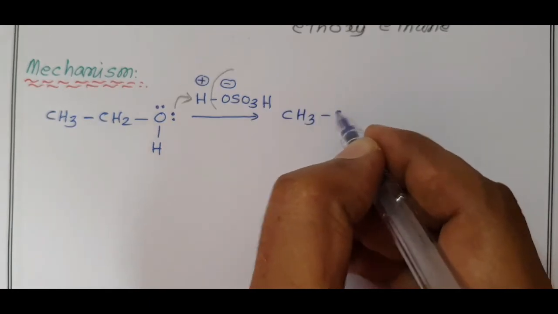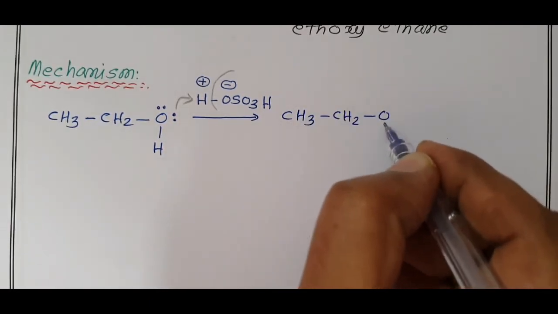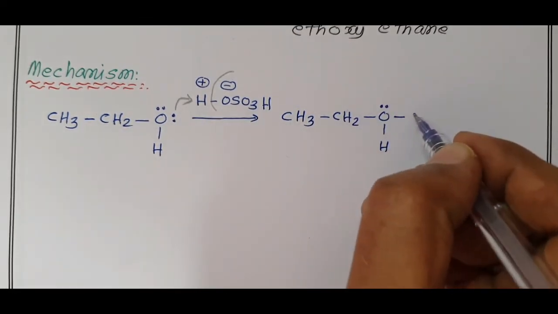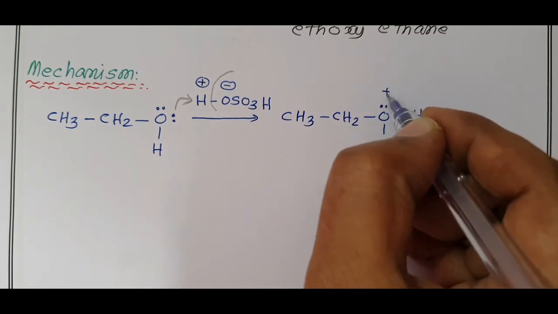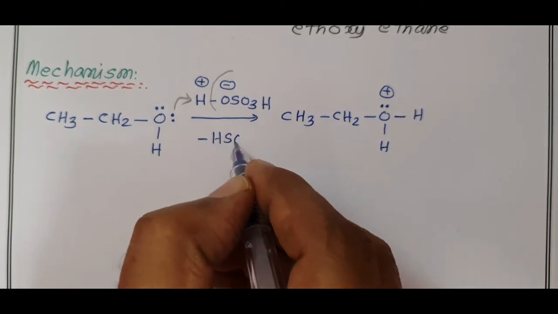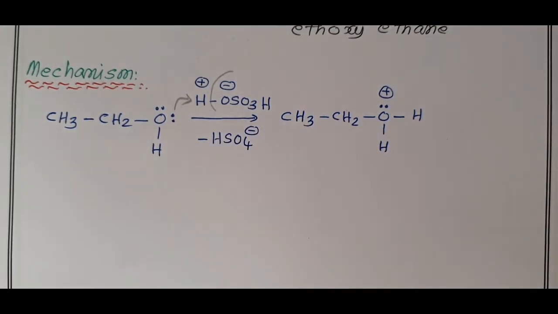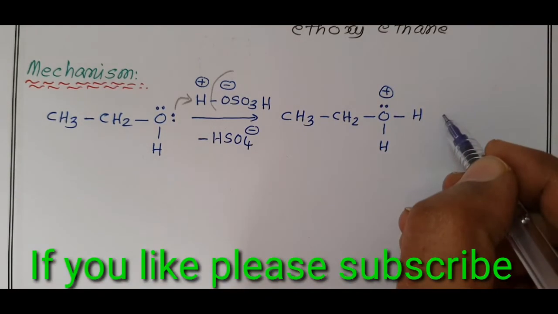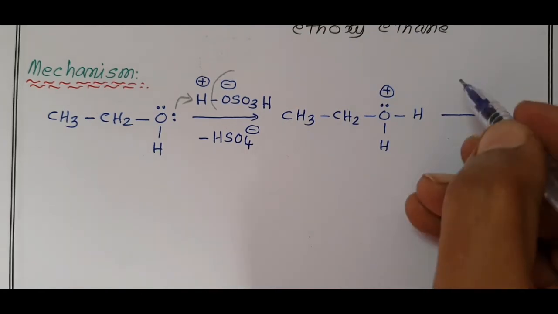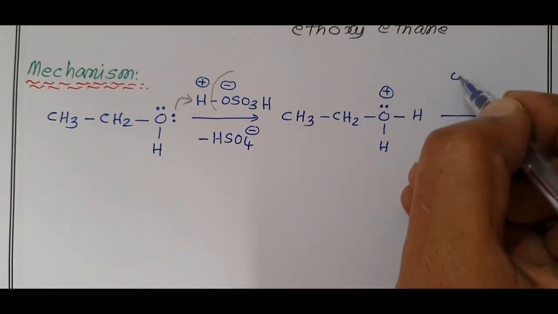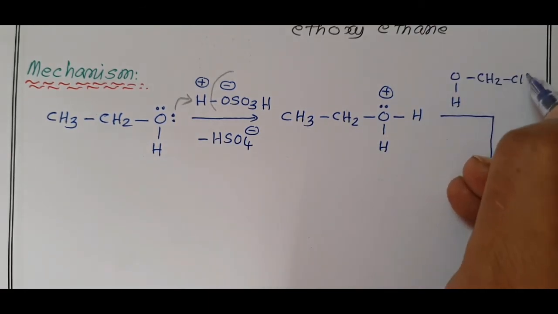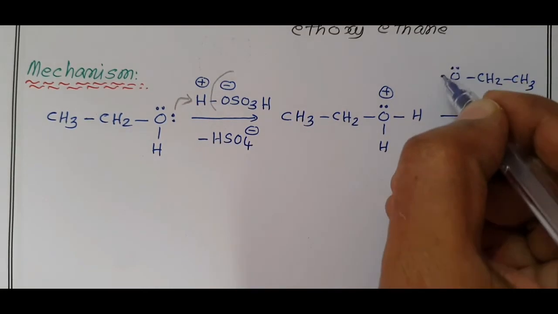CH3CH2 oxygen, here one hydrogen, there is one pair of electrons. Another pair of electrons is donated to hydrogen. Therefore, oxygen gets positively charged, with bisulfate ion HSO4 minus. This is treated with another molecule of ethyl alcohol, oxygen, hydrogen, CH2CH3, the second molecule of ethyl alcohol.